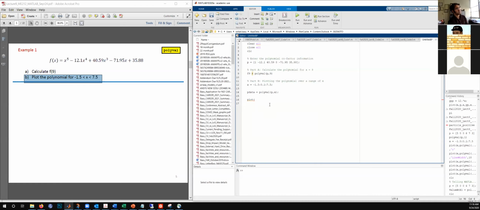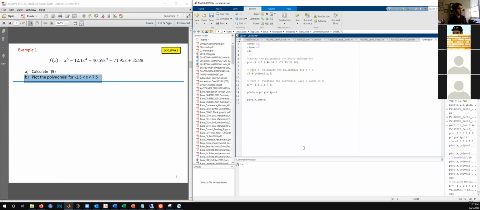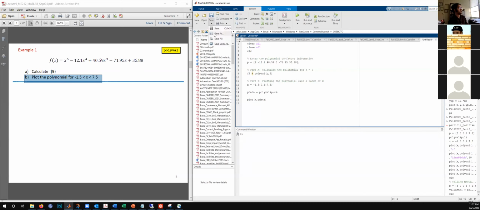X. Okay, P data. Should it be X or P data? Shouldn't P data be in the Y component? To the Y, right? So P data is the value that you are plotting. So that's in the Y axis. You're right. So X, P data, and we should generate something. So let's set this. Let's see what we get.